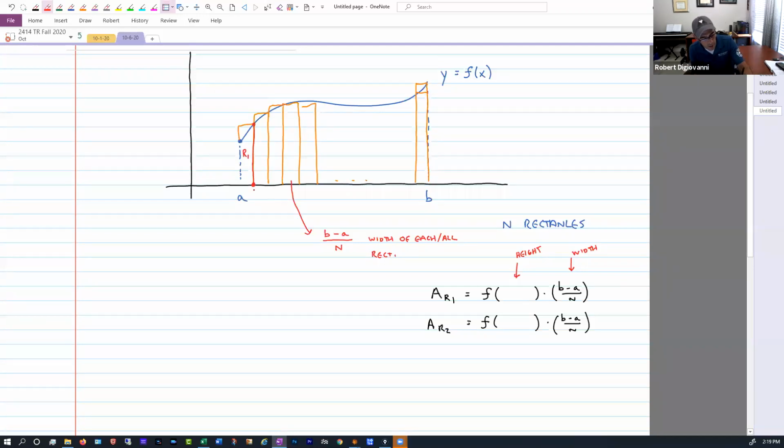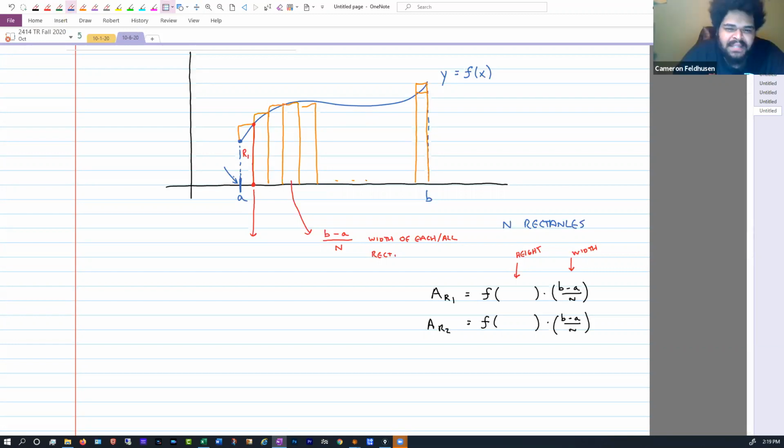Can somebody tell me what the x coordinate of that is? Remember, this point right here is A. So we're not at A, right? Where are we? A plus b minus a over n? Exactly. We are at A, but then we're adding one width of a rectangle to it, aren't we?